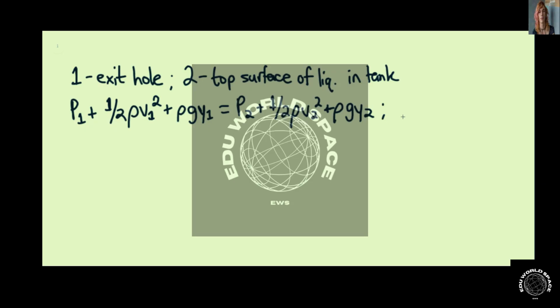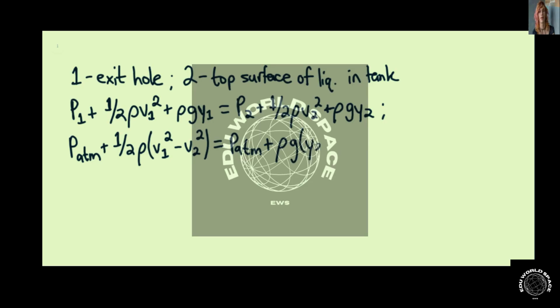We can then say that the atmospheric pressure plus 1/2 rho V sub 1 squared minus V sub 2 squared equals the atmospheric pressure plus rho G times the change in y position, y sub 2 minus y sub 1.